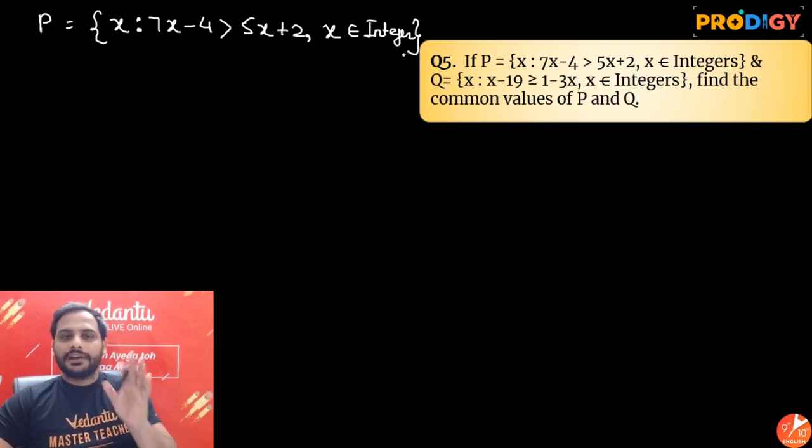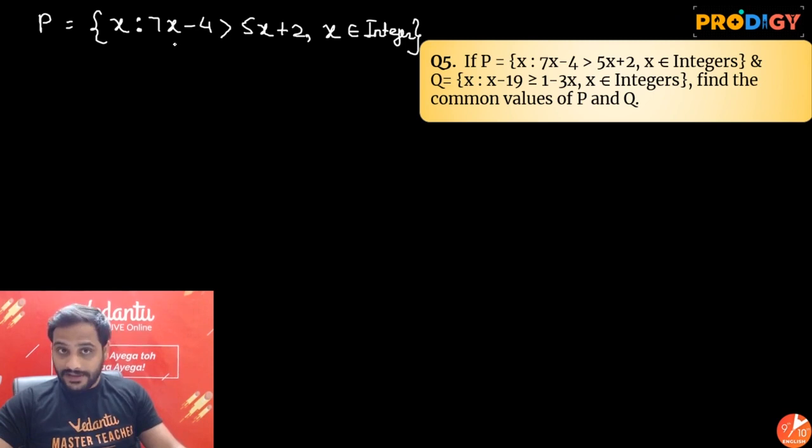This is what is given as a statement. So I have to find the values of x in this inequation and see what values we'll be getting for P.